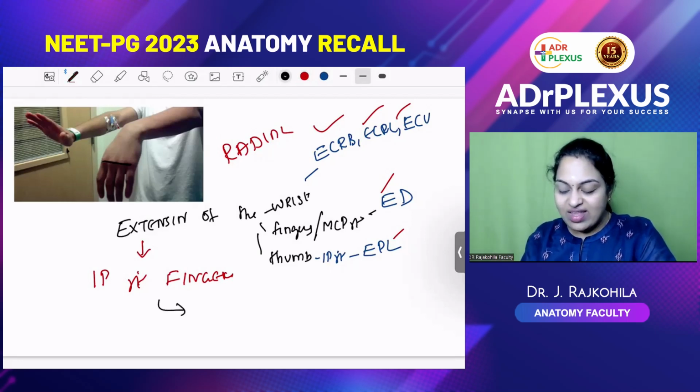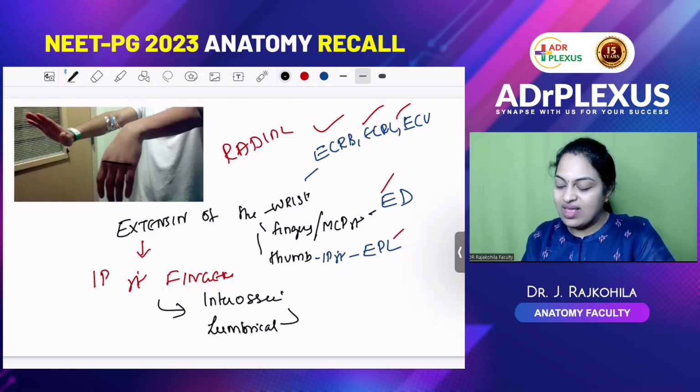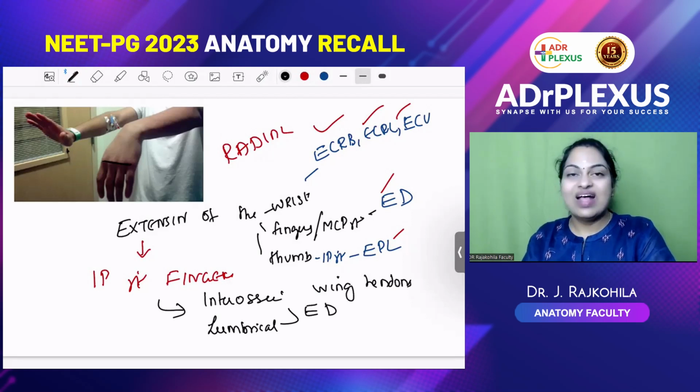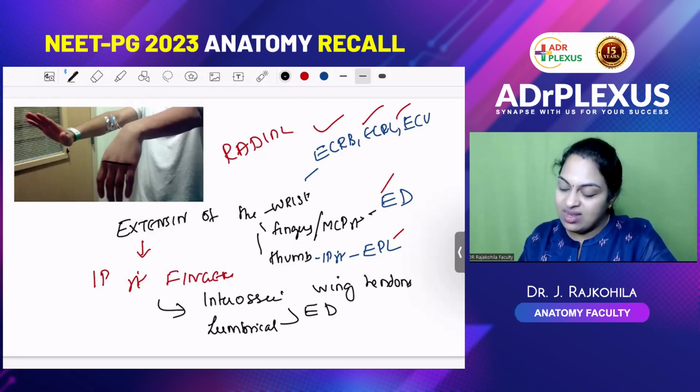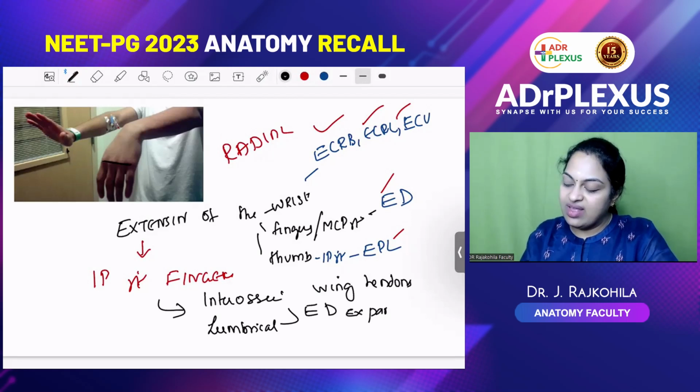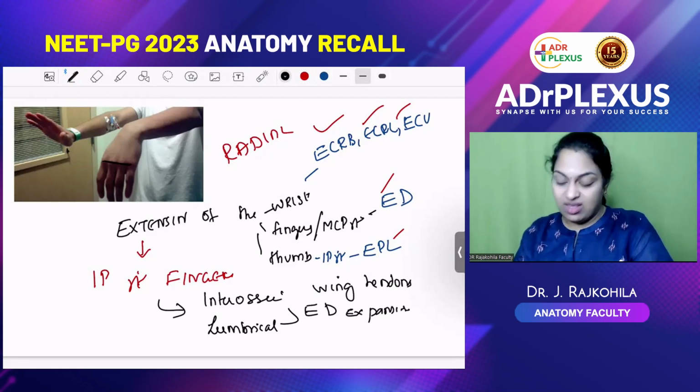Because the extension of the interphalangeal joint is caused by the interossei and the lumbrical muscles that insert as wing tendons into the extensor digitorum expansion, the dorsal digital expansion.